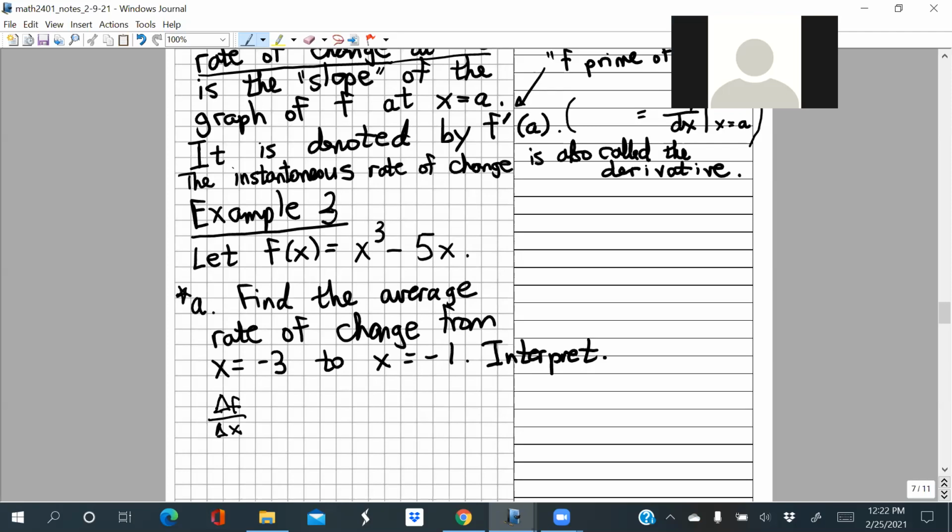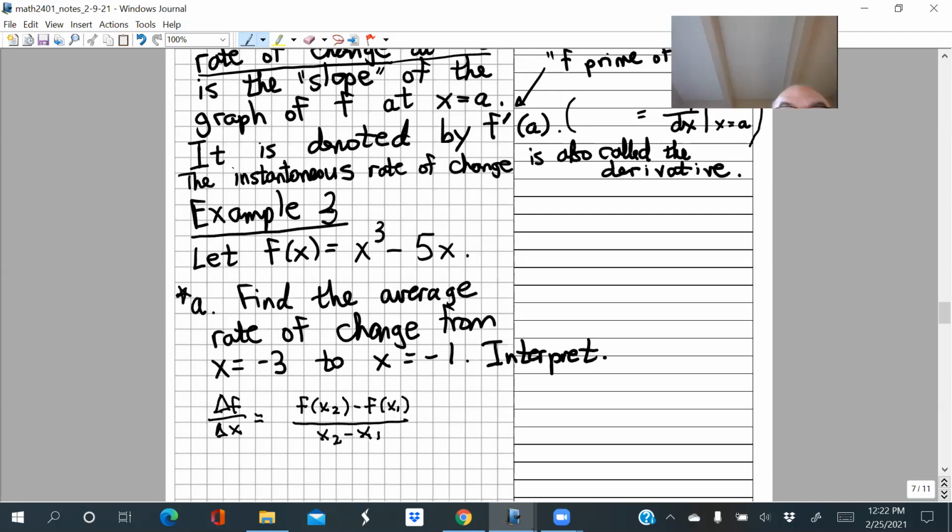Yes, sir. So remember the formula. It's really just the slope formula. So in this case, your x2 is this number and your x1 is this number. This is where we started, and this is where we finished.